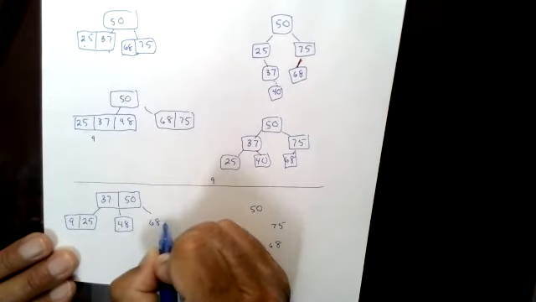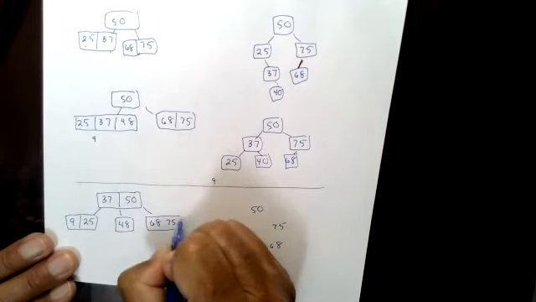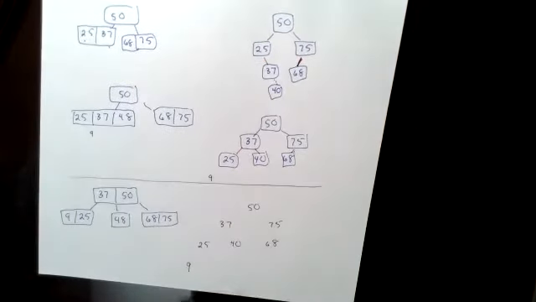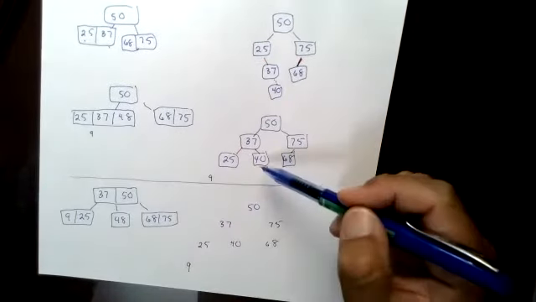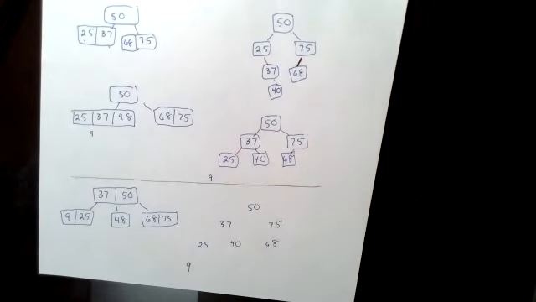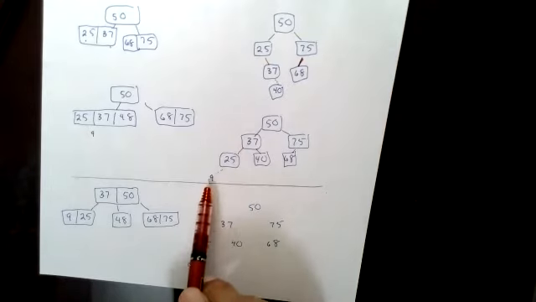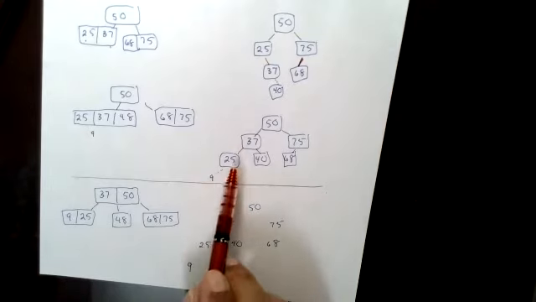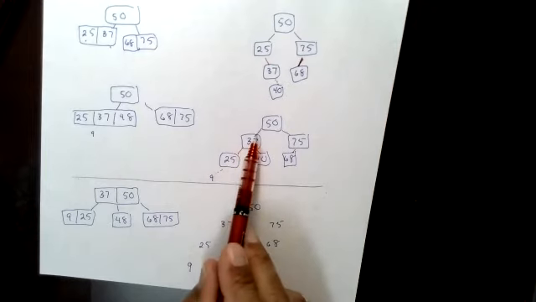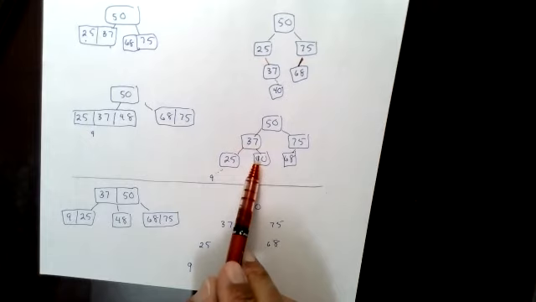I have 68 and 75. So up here's where I had my second red in a row. And it blew up, and this red stayed. This became a black. That became a red. This became a black.